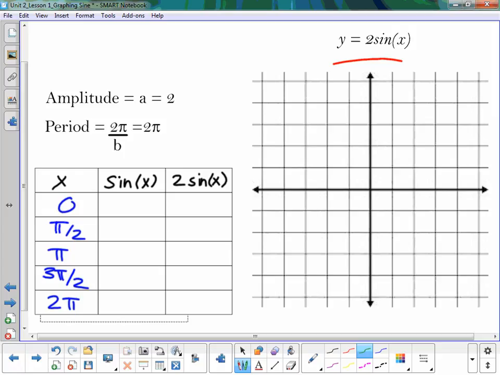I'm going to put down here my original sine curve y values. We won't graph those y values, we're going to use them, because the way to get our new y values is just to multiply these by 2.